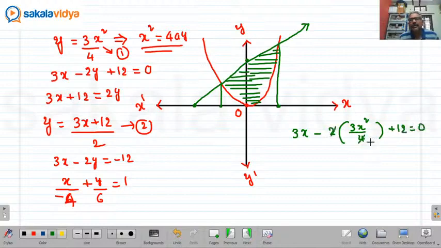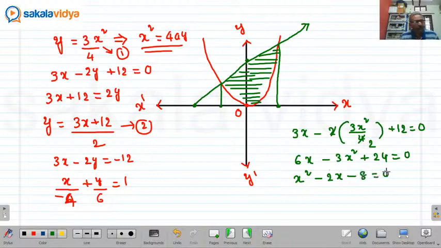Multiply with 2: 6x minus 3x square plus 24 equals 0. Divide by minus 3: x square minus 2x minus 8 equals 0.